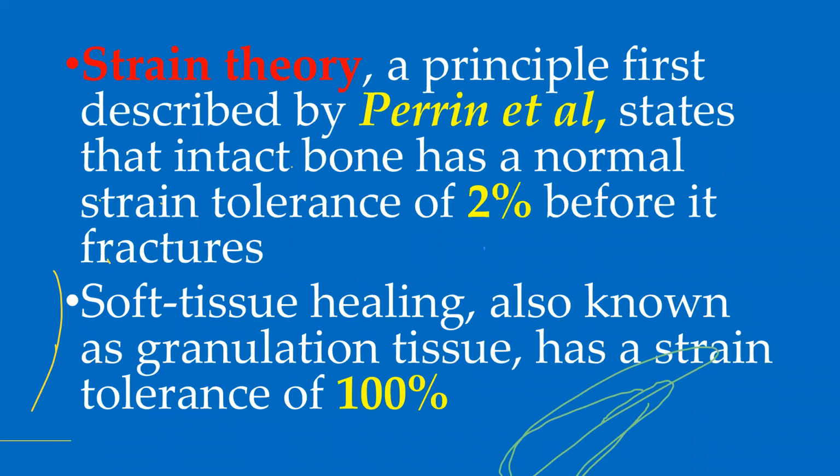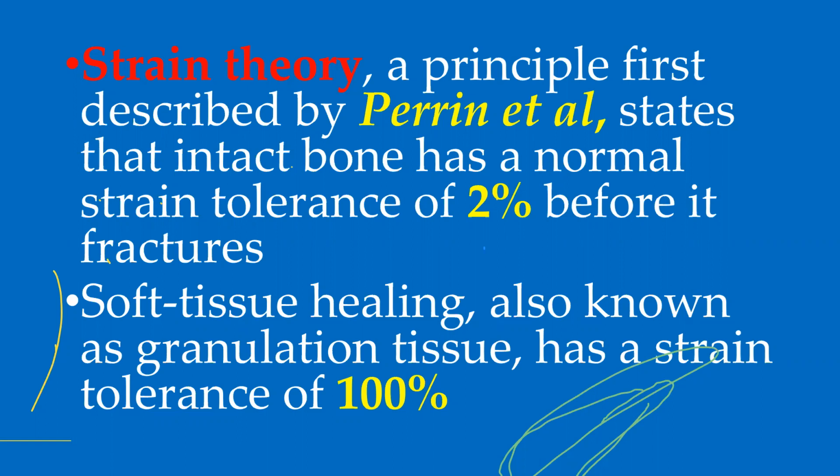Now we come to the strain theory, a principle first described by Perren. He states that intact bone has a normal strain. Bone is like glass: if you hold it, it breaks. It does not bend, or it bends very minimally. We estimate that the amount of bending of bone is 2%, while on the other hand, in endochondral bone, or wherever you have granulation tissue, the strain tolerance is 100%.